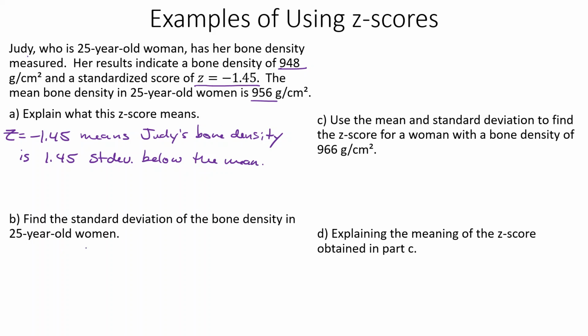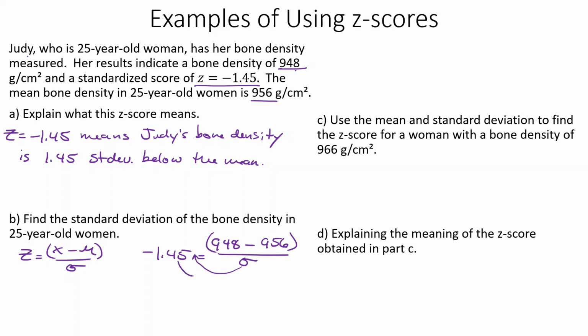Find the standard deviation. Well, here's the trick. We have z equals x minus the mean divided by the standard deviation. We know z, negative 1.45. We know x, we know her bone density, 948. We know the mean, 956. And we're just missing this guy down here. So what we do is we multiply this guy up, and then we divide this guy down.